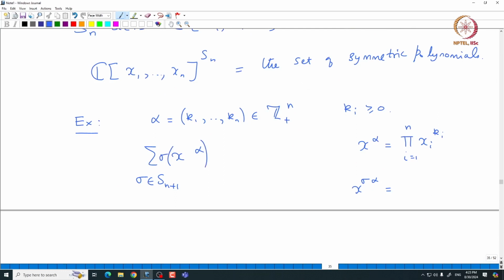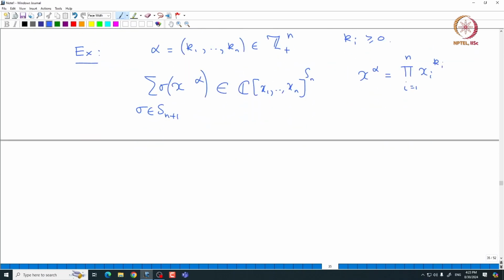So, one can easily prove that this is indeed a symmetric polynomial. So, this is going to lie inside the symmetric polynomials and this will form a basis, for all alpha that runs over Z plus n. Okay. So, that is something one can easily verify.